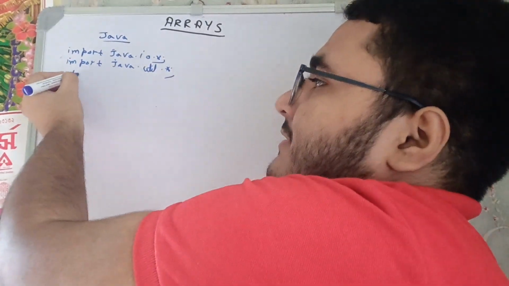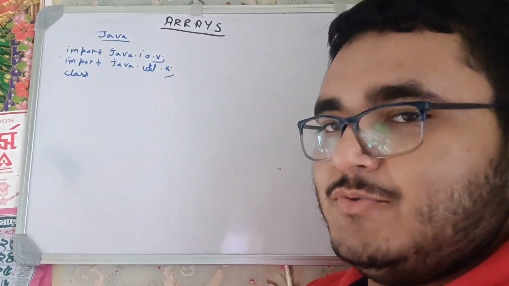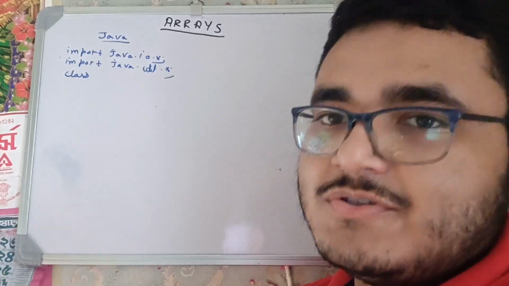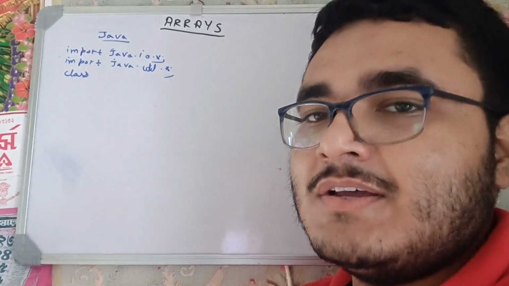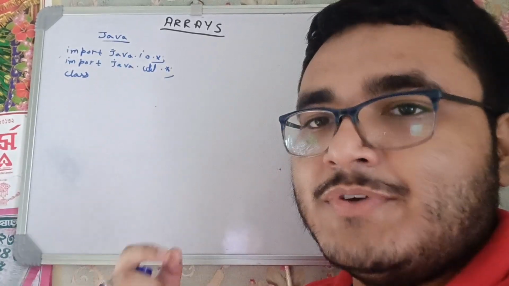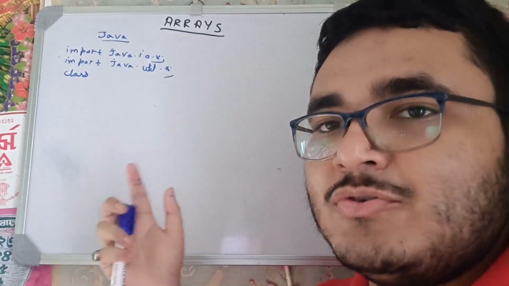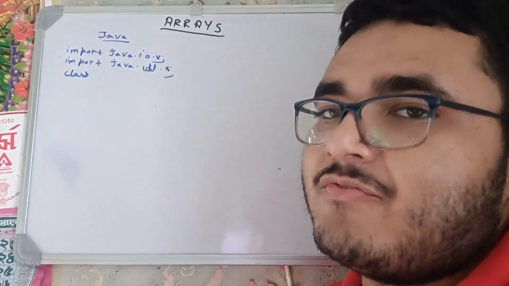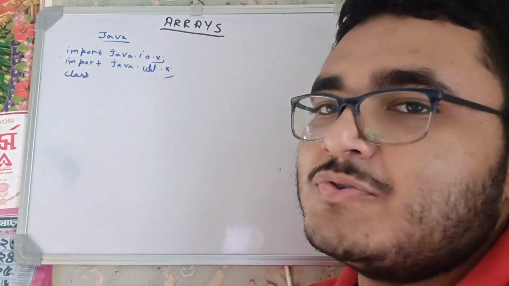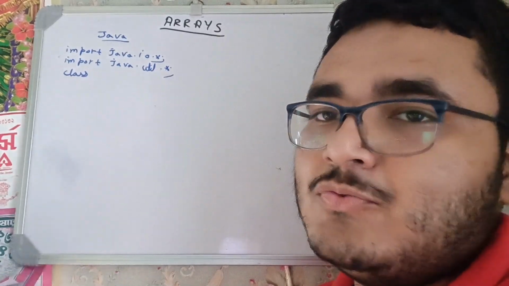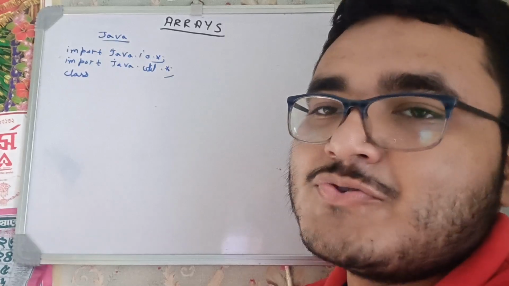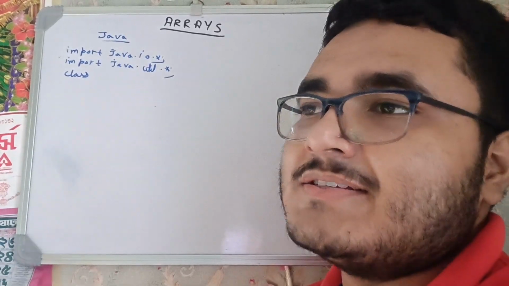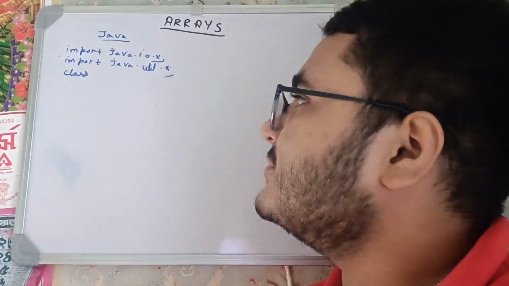Then class, you can take random names other than the rules of naming a class, which should be avoided. One is, a reserved keyword you should avoid. Second, you should not start with a numerical value. Class name should not have any blank spaces, right? And special characters of course are not allowed.